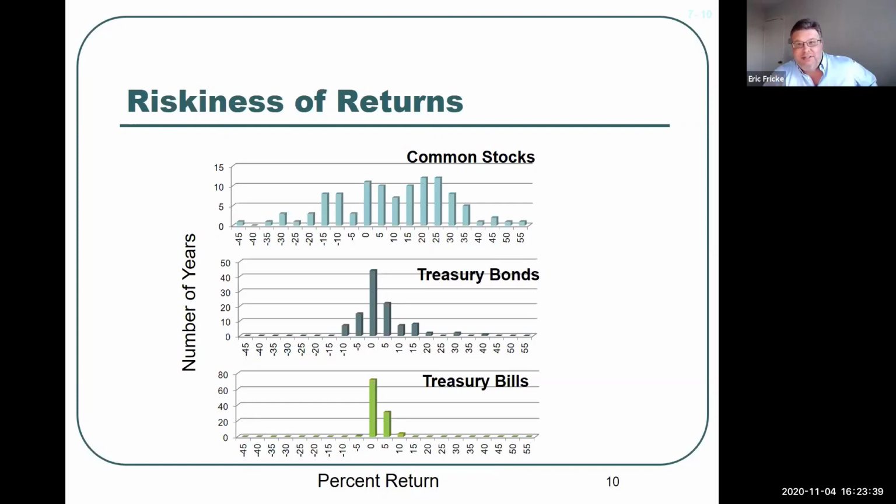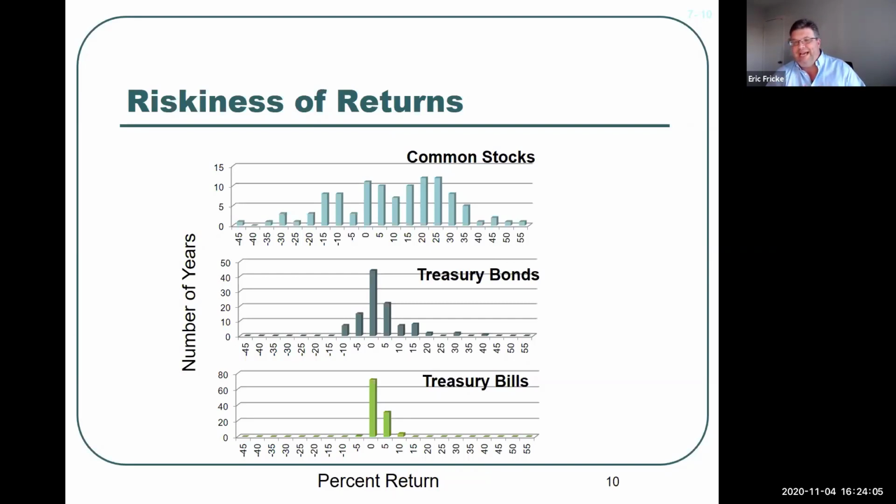So just imagine if someone said, hey, I want you to guess what the returns will be on either stocks, bonds, or T-bills next year. Which do you think would be the easiest to predict? It would be treasury bills, right? Because one, we kind of know what the return is. And if you look at the history, there's a narrow range of the potential outcomes.